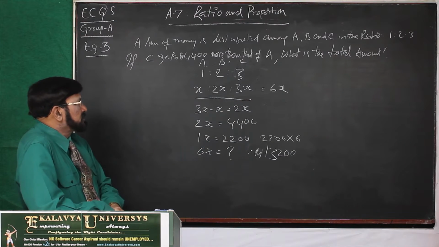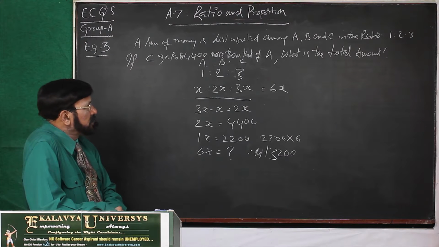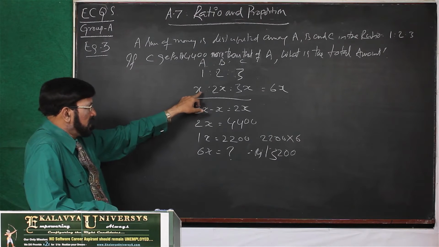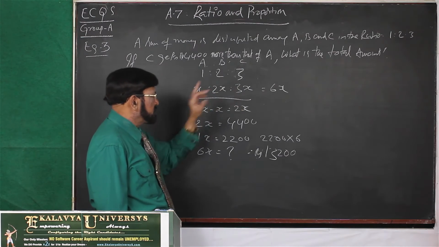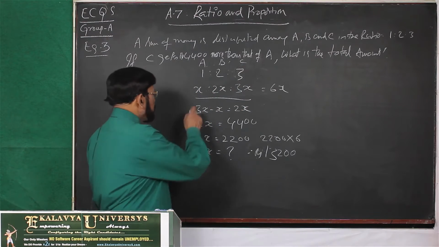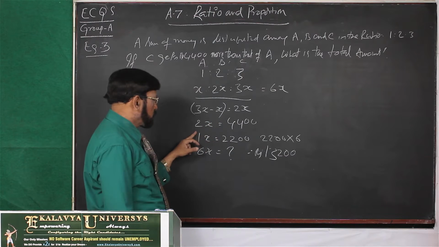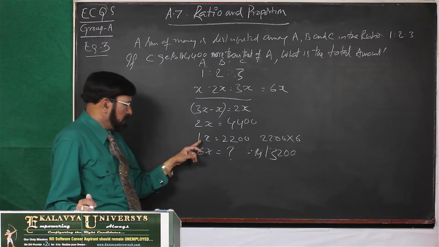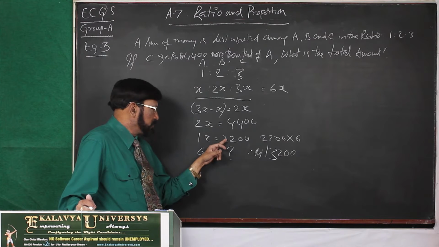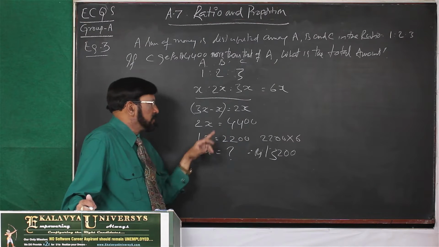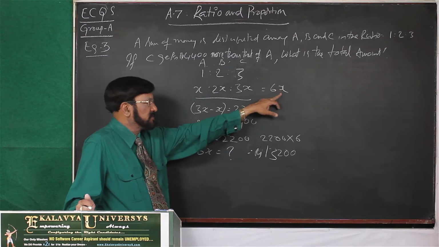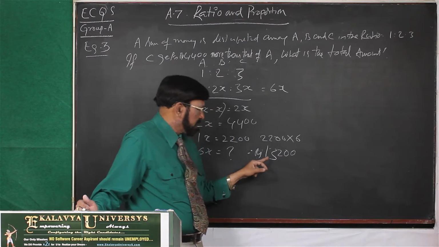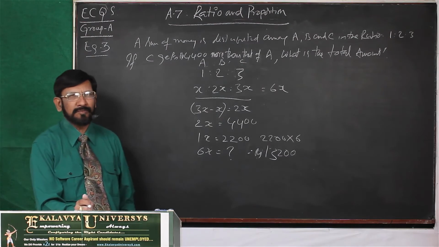If C gets 4400 more than that of A, so the difference between C's amount and A's amount is 2x. 2x is equal to 4400 and 1x is equal to 2200. So how many x are there? 6x. So 2200 into 6, 13,200 is the total amount.